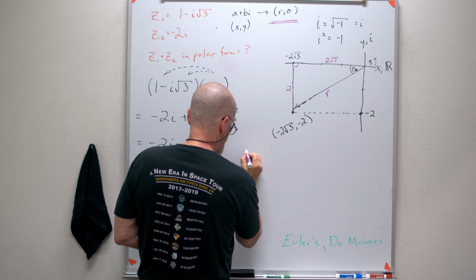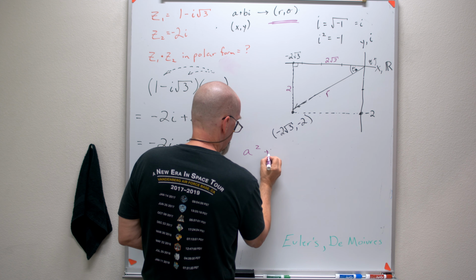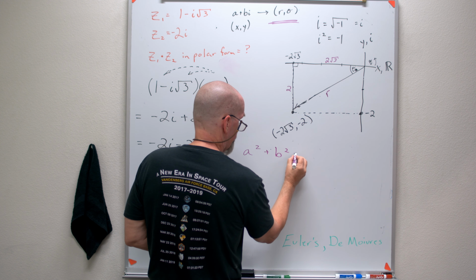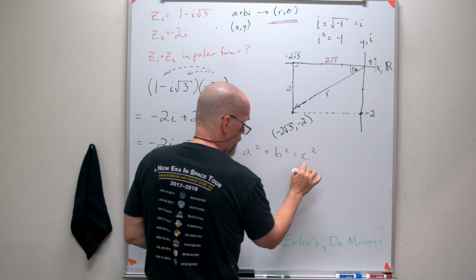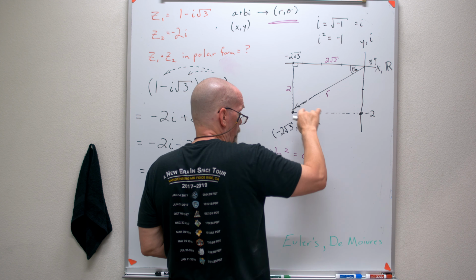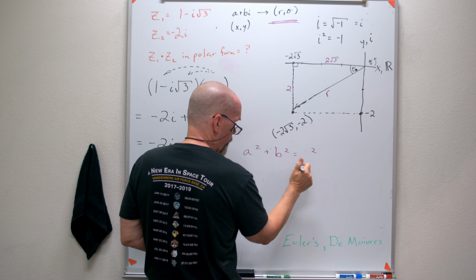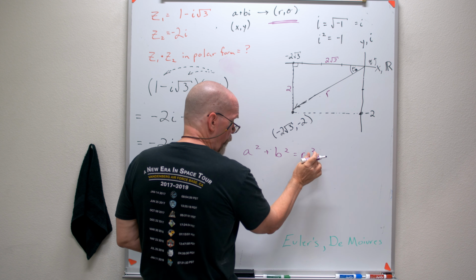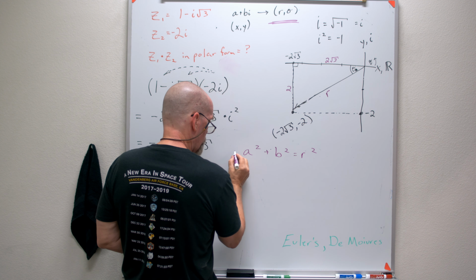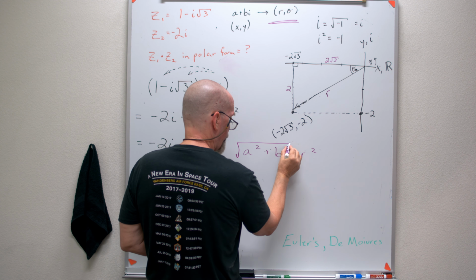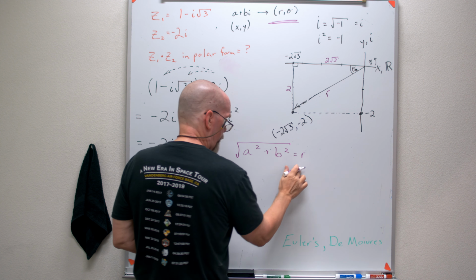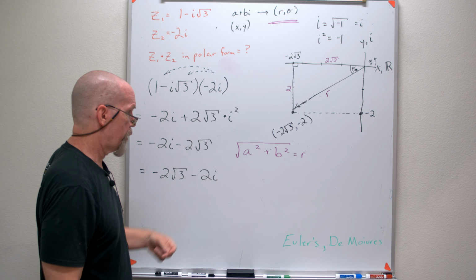If we now do a squared plus b squared equals c squared from the Pythagorean theorem, the c here is the length of the hypotenuse. That's what we want, so I'm going to call that r squared. We need to get rid of the squared, so we would square root both sides of the equal sign. We're doing this as strictly a positive value, so I don't do a plus or minus on it.